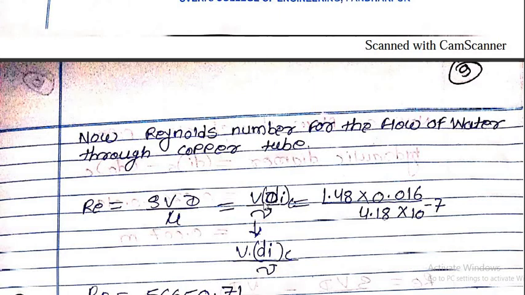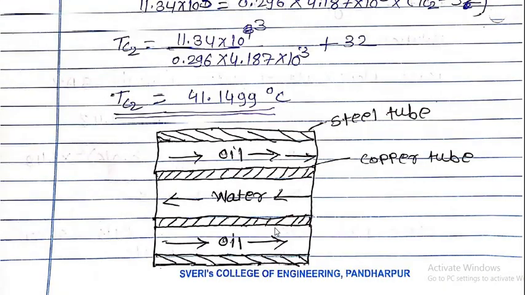So we change this equation to V multiplied by d suffix i divided by nu. If the water is flowing through this copper tube, the area available for flow is based on the inner diameter, and this much diameter is available for the flow of the fluid.